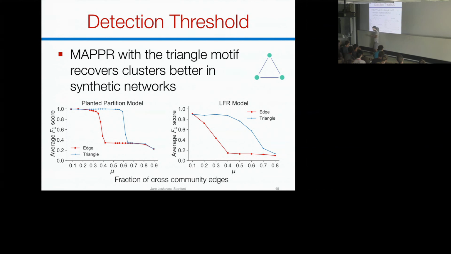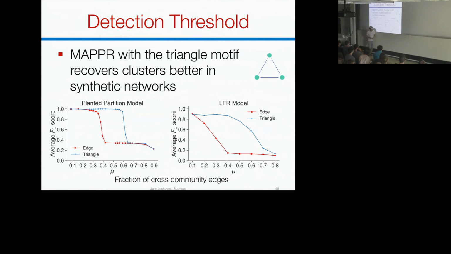You can show that when alpha and mu become too similar, there will be no statistical difference in connectivity inside the cluster versus across clusters, and you won't be able to detect those clusters. The theoretical threshold is somewhere here, and the triangle-based method is able to get closer to that threshold than the edge-based one is.